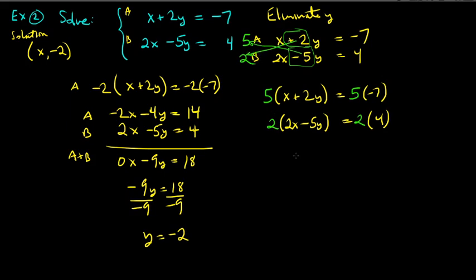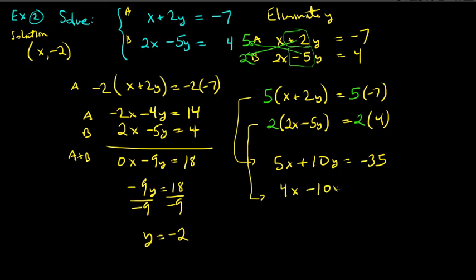So 5 times 2 is 10. Well, one will be positive 10, one will be negative 10. So the first equation, you're going to get 5x plus 10y equals 5 times negative 7, so negative 35. And then for the bottom equation, equation B, you're going to get 4x minus 10y equals 8.